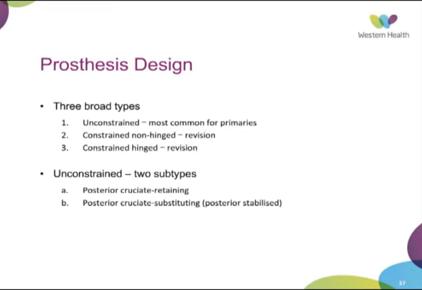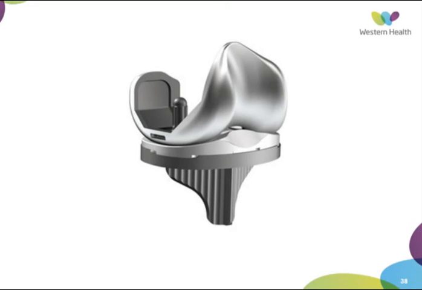The constrained hinged tend to be used for revision procedures. Constrained non-hinged can be used for either primary or revision, depending on the stability of the knee. And unconstrained, the two basic types we have are those that preserve the posterior cruciate and those that sacrifice it.